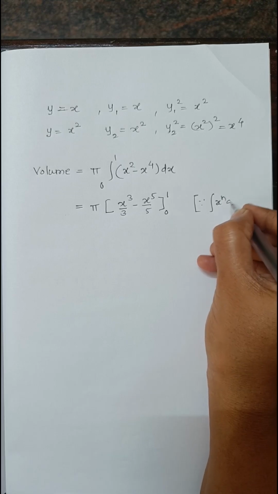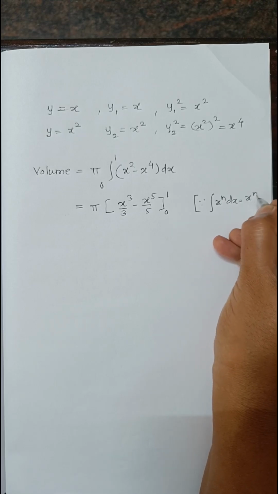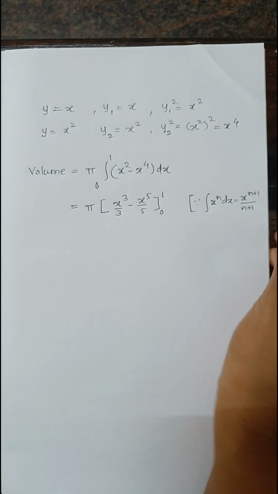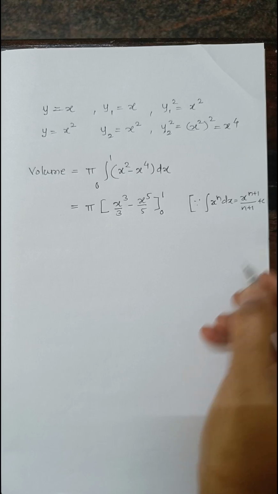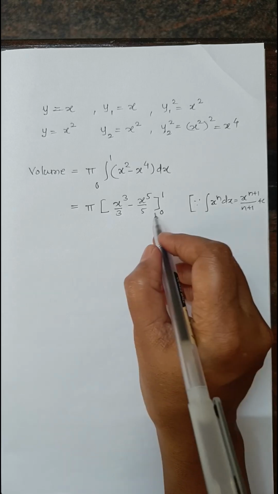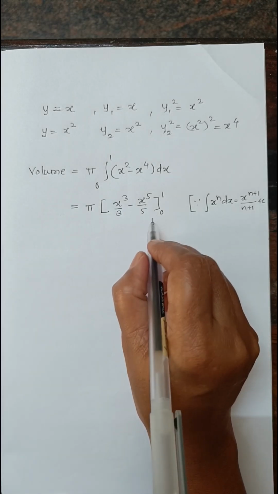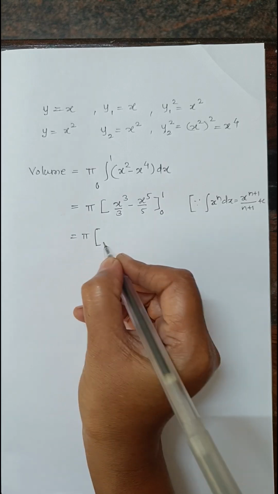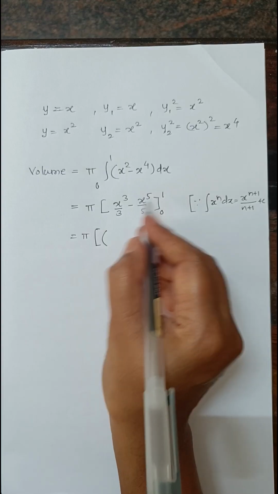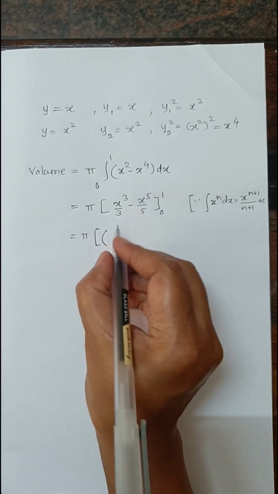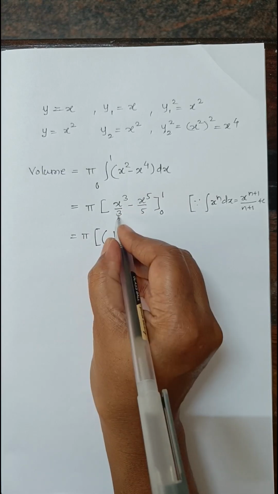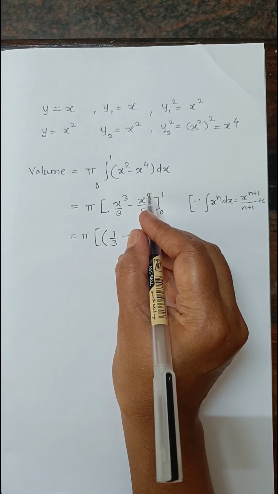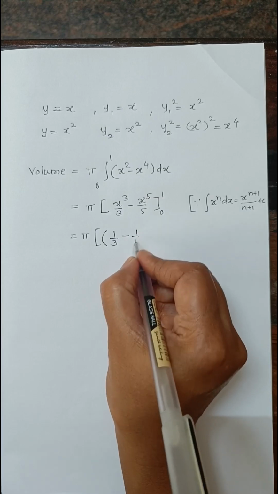integral x raised to n dx is x raised to n plus 1 upon n plus 1. We need not add c here since this is a definite integral. Now let us put the limits. Upper limit first. Upper limit x is 1, 1 cube is 1 divided by this 3. x is 1, 1 raised to 5 is 1 upon 5.